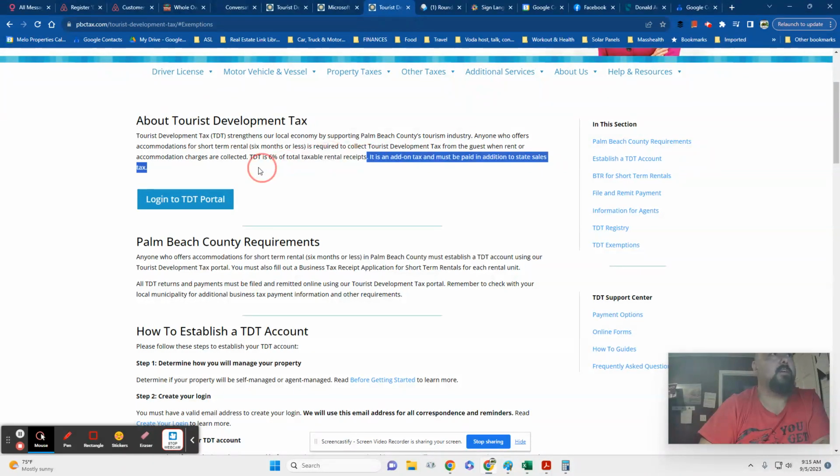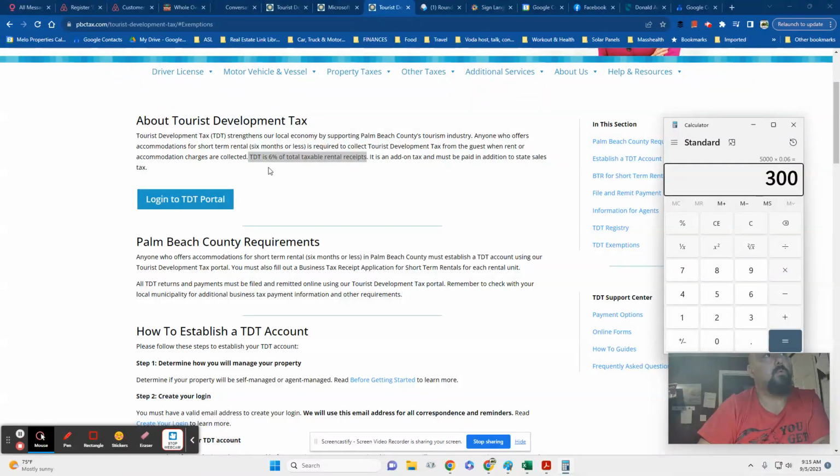So, for example, if you get $5,000 a month, you're going to owe the tax department $300 out of that 5,000, or then you would add the money into that 5,000 so that they end up paying that tax.